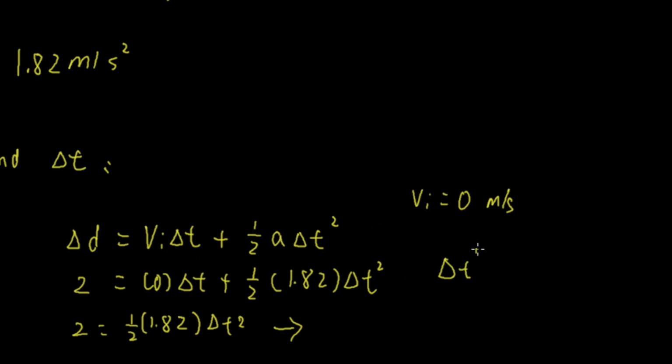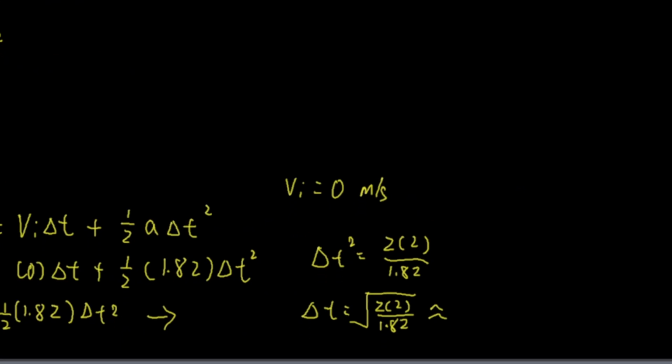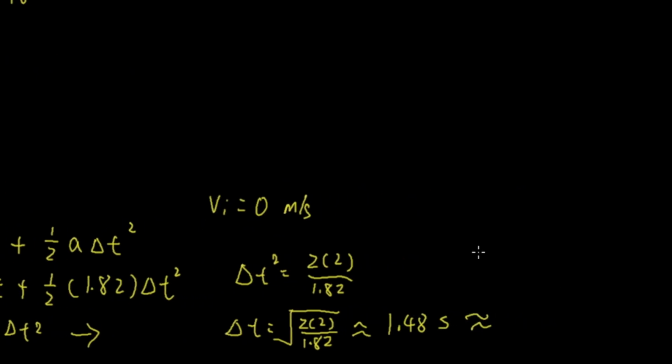Then delta t squared is equal to 2 times 2 divided by 1.82. Now take the square root of this. Of course, we have to take the positive square root because time has to be positive, right? And that will give you approximately 1.48 seconds. Or you can round this up to 1.5 seconds.